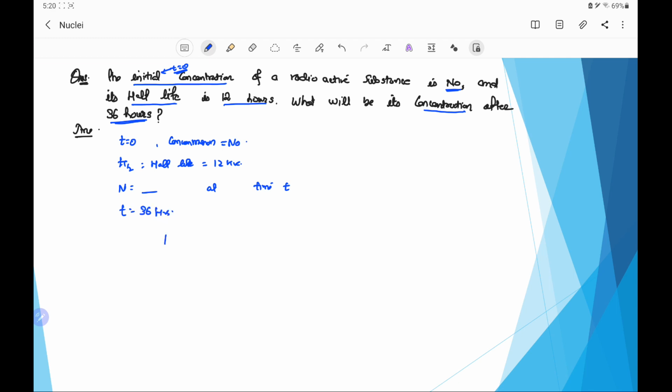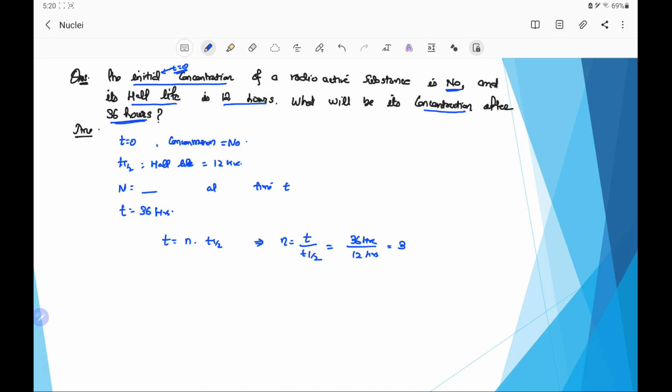So using the relation that t is equal to n into t1/2, we will get the number of half-lives, that is t by t1/2, equal to 36 hours divided by 12 hours. So 3 half-lives have passed.